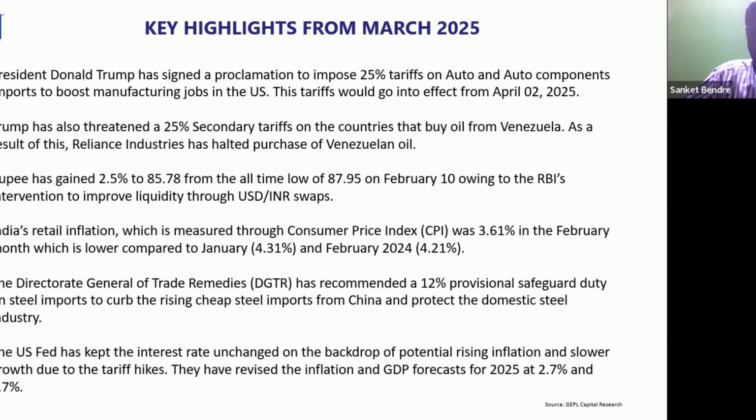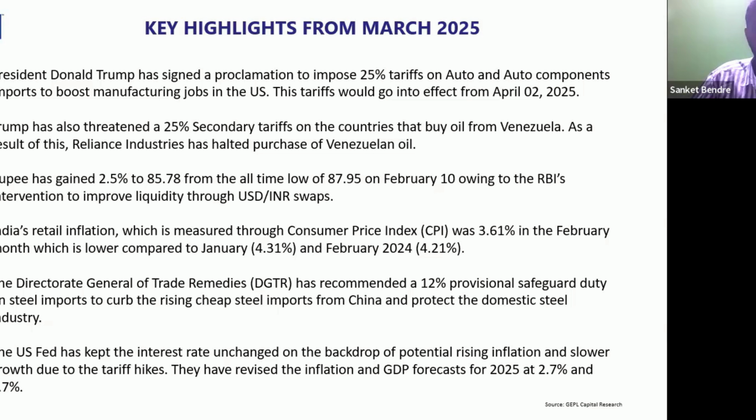However, it was better than the consensus estimate of 2.2%. So we can see that the GDP has been decreasing on a quarter-on-quarter basis, as the US Fed has been expecting, primarily due to inflation. So those were the key highlights that happened in the month of March.